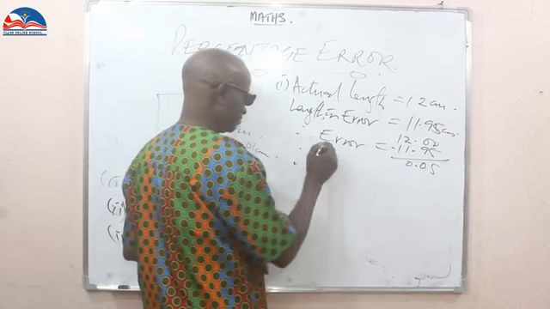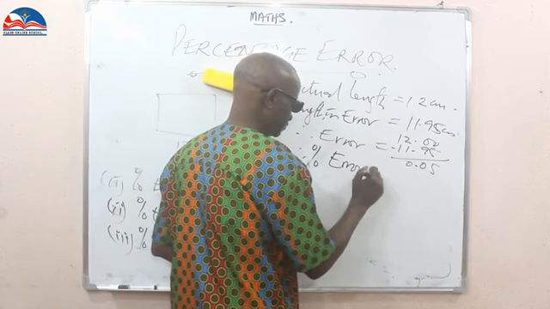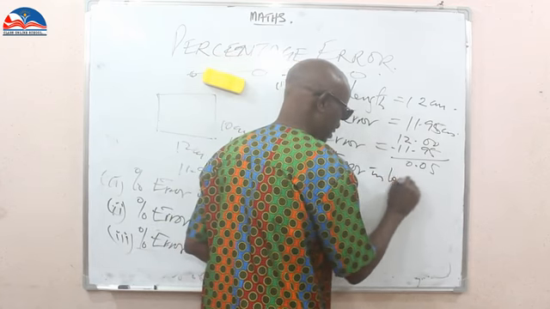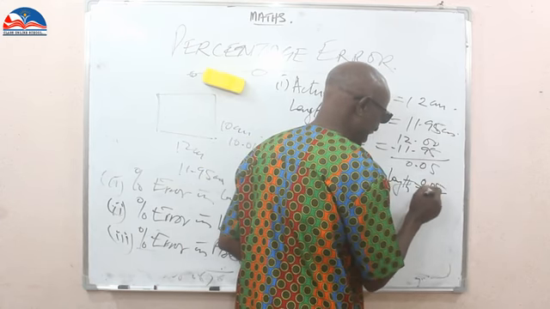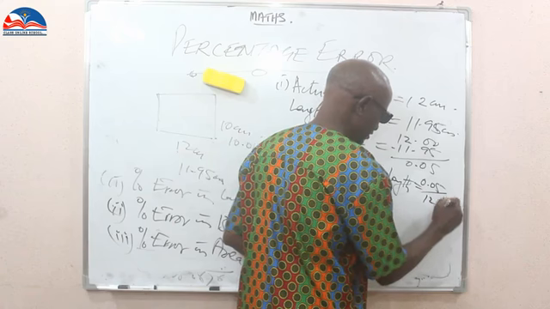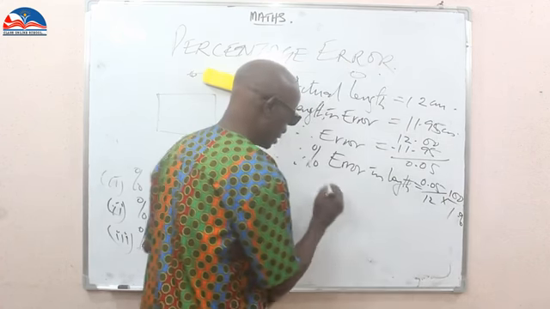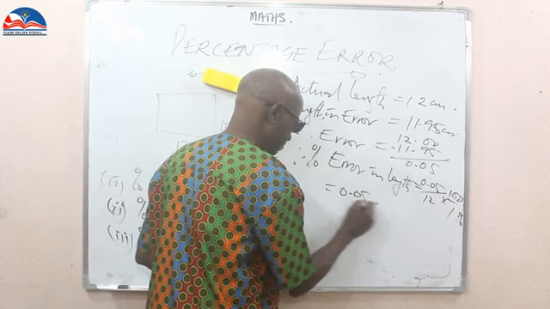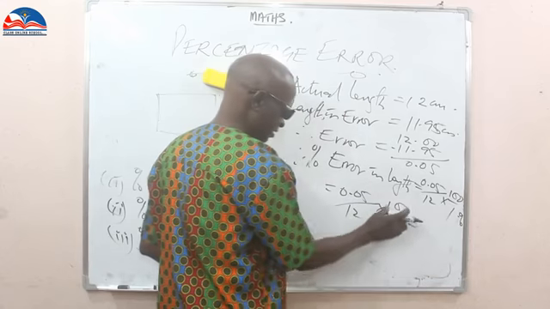And I say therefore percentage error in length. Define it: the error you made over the actual. So 0.05 over 12 times 100 over 1. I move this 2 places.